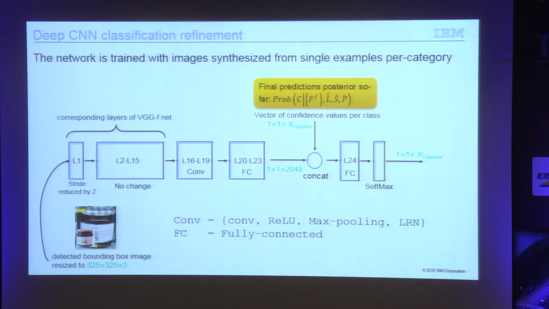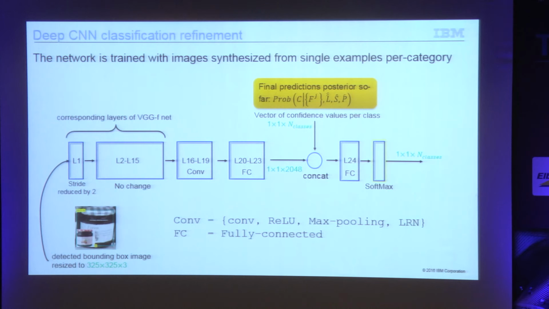And we use the architecture of the popular VGGF network with the stride of the first layer reduced by 2 in order to increase resolution and compensate for this with an additional convolution layer. And the posterior comes in between the 2 fully connected layers and is concatenated with the internally generated representation.